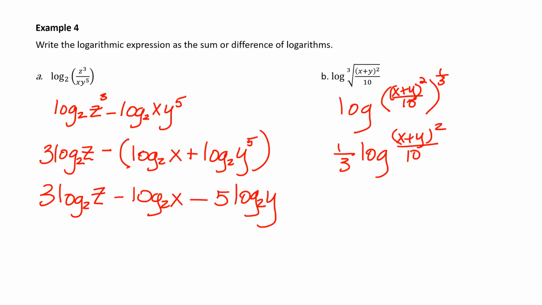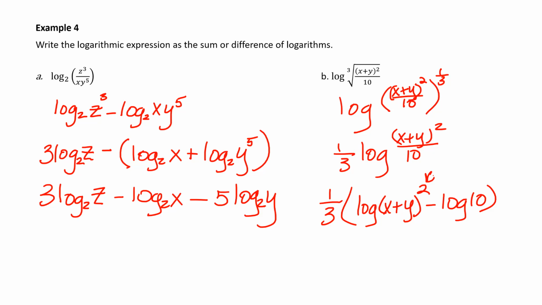Now I can write that log as a difference because it's a quotient. So 1/3 times the log of x plus y squared minus the log of 10. For that first log, I have the argument has been squared, so I can take that exponent and put it in front of the log and multiply it by the log.